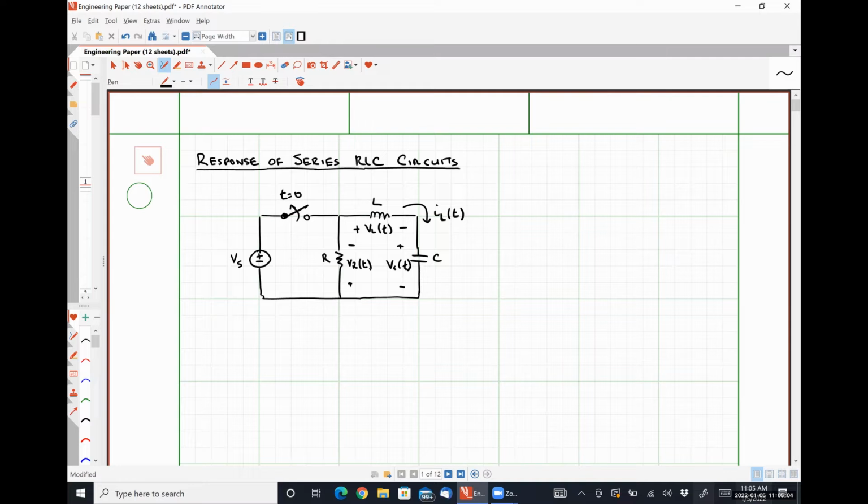So from that, after the switch has been closed for a very long time, we should see that our capacitor has a voltage of Vs over it. So it has some amount of stored energy.